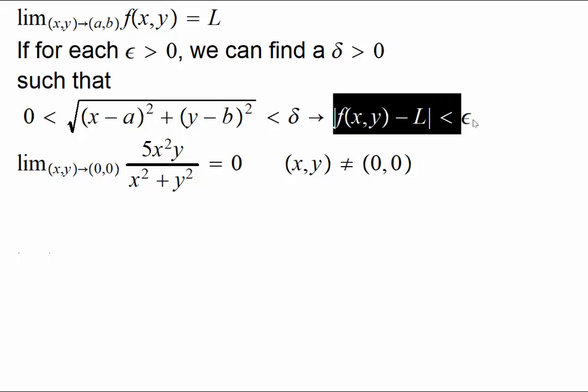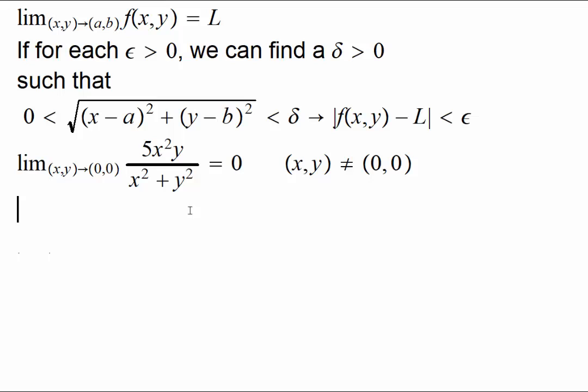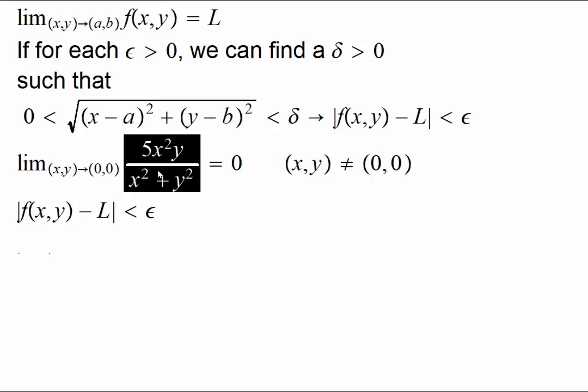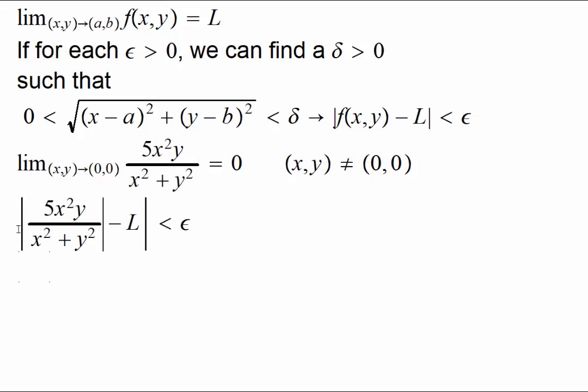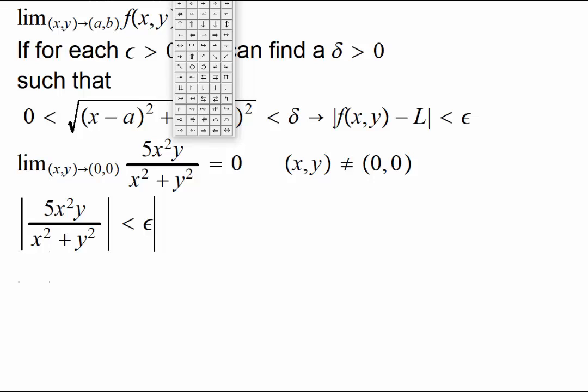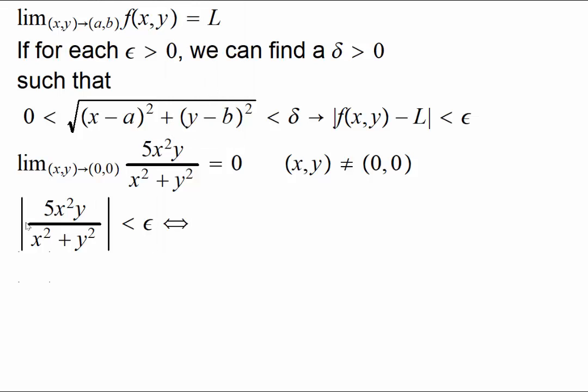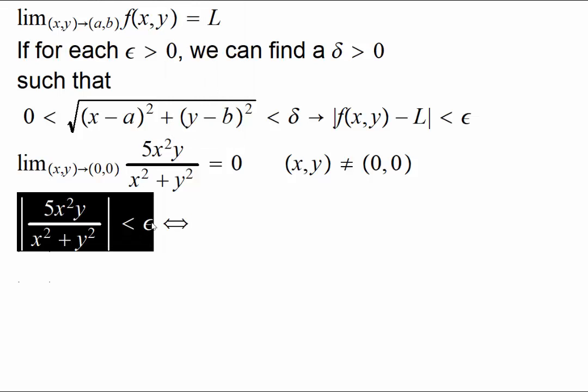So let's see. We have the absolute value of f(x,y) minus L has to be less than epsilon. So I just wrote f(x,y), and L is 0. So that's what this is going to become. And what does this mean? This will be true if and only if what I have here.